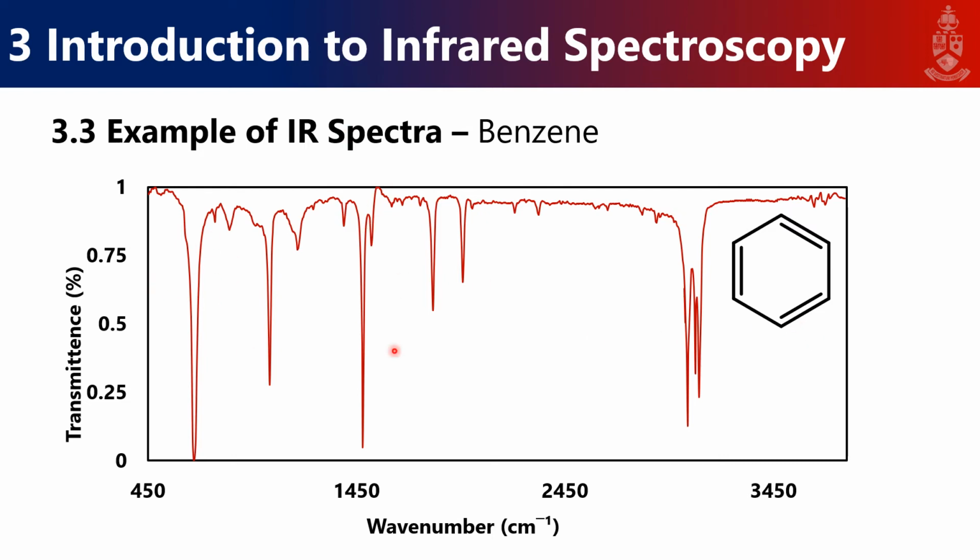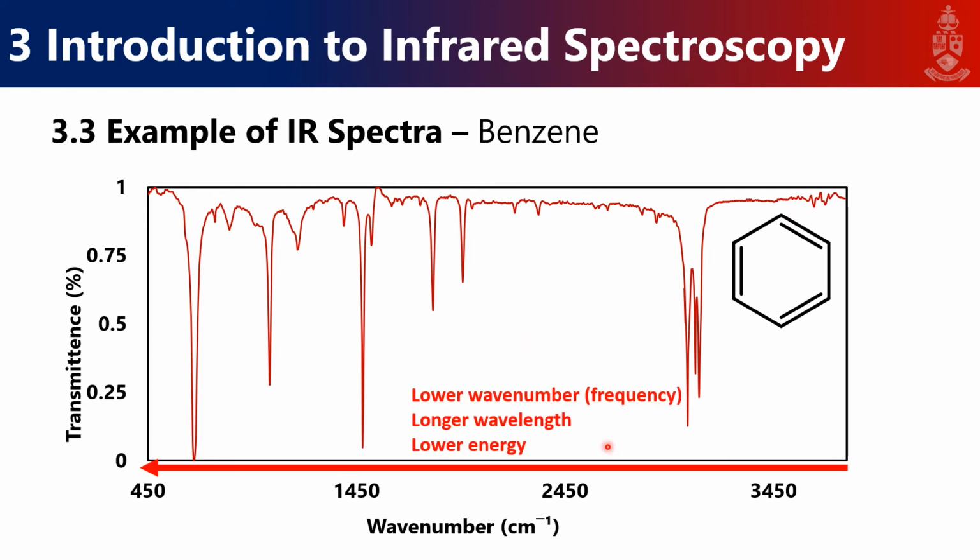So you can see there's a bunch more peaks in this spectrum. And the first thing I just wanted to remind you of is, of course, that wave number is frequency. So lower wave number means longer wavelength, because it's the inverse of wavelength, means lower energy.